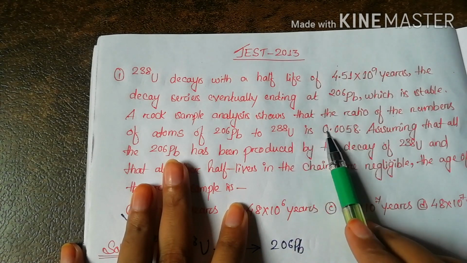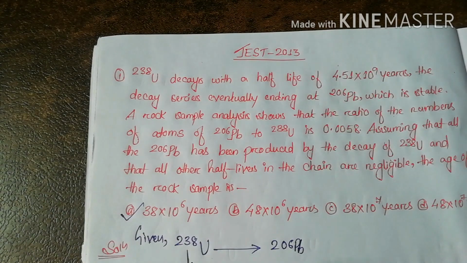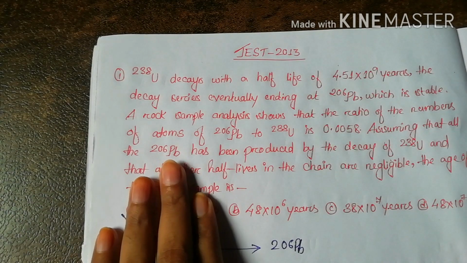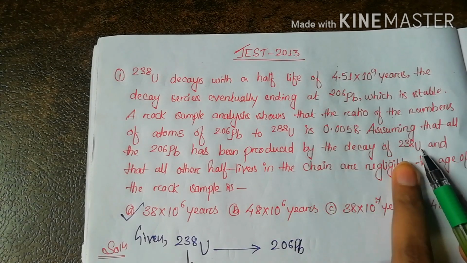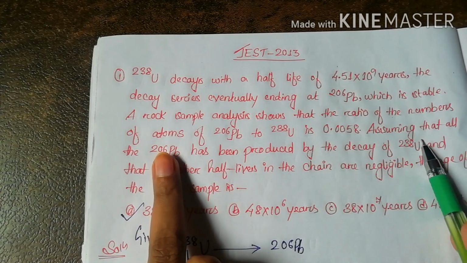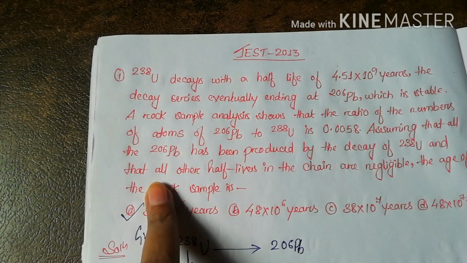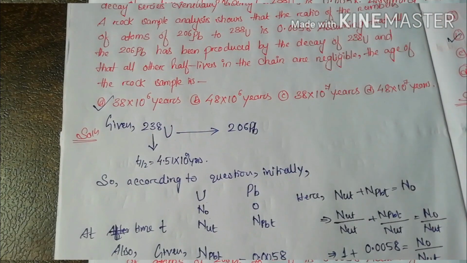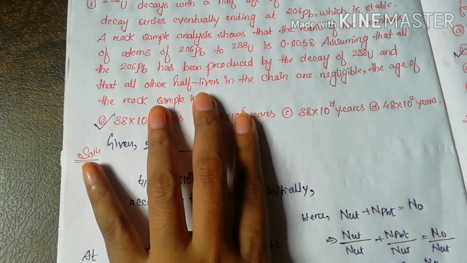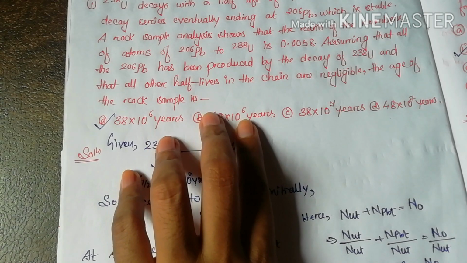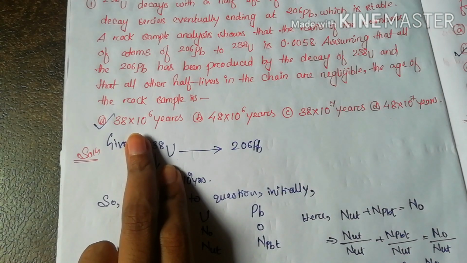Now it is said that we assume all the lead has been produced by the decay of uranium, and all other half-lives in the chain are neglected, and we have to find out the age of the rock sample in years.